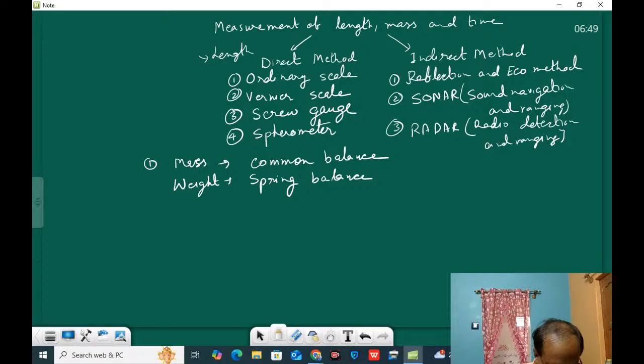And sometimes we measure the mass of atoms and molecules.